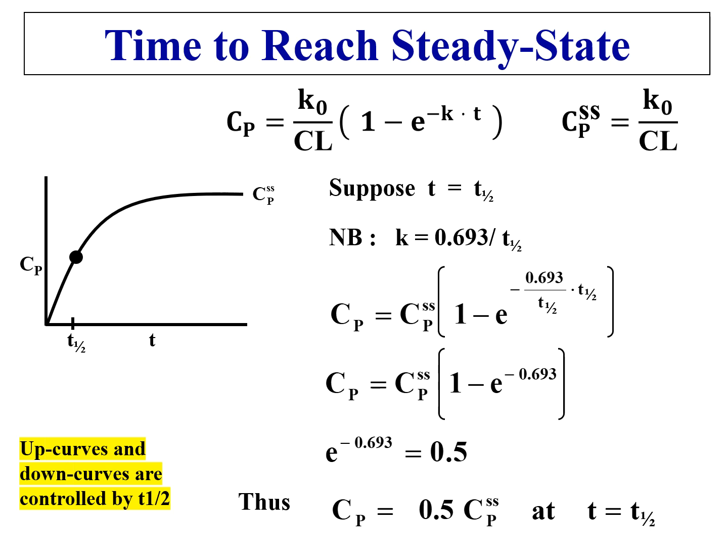We come up with an exponential term of 0.5. So plasma concentration at one half-life will be 1/2 of the steady state concentration. So the up curves, as derived here, are controlled by half-life, actually by the clearance and volume. And of course, half-life will determine the washout part that we will get to.